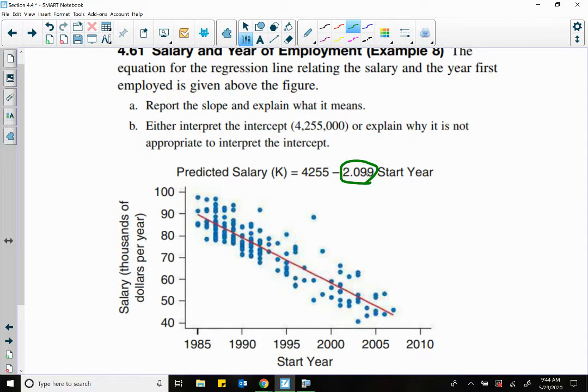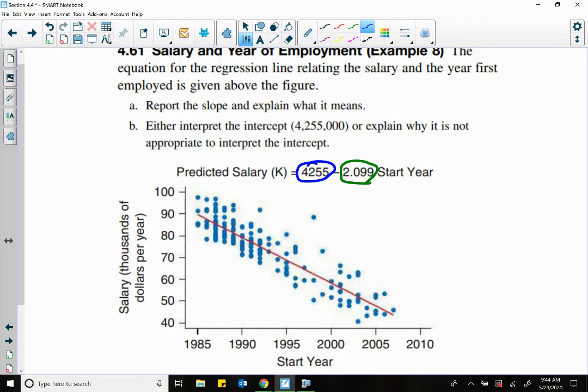Okay. So the intercept for part B is right here, and they've actually told you what the intercept is as a number. It says explain this or interpret this. Again, remember the intercept is all about what happens when your x value is 0.